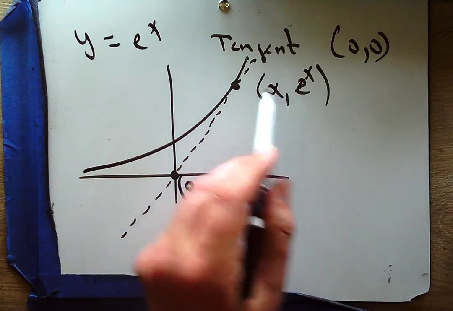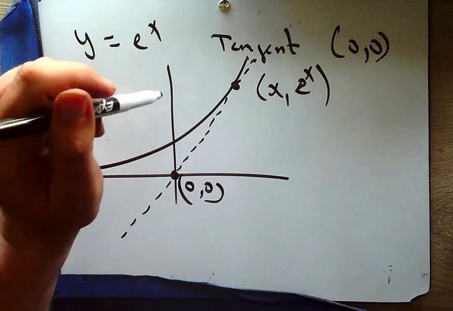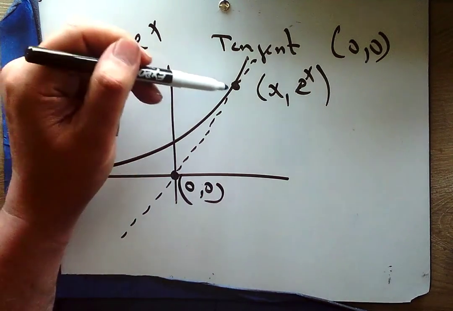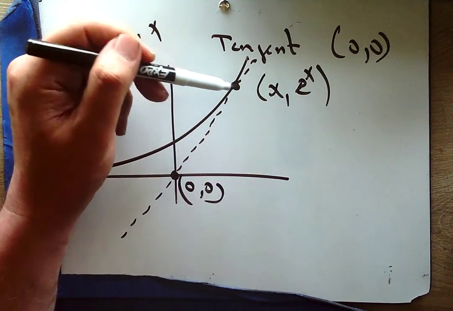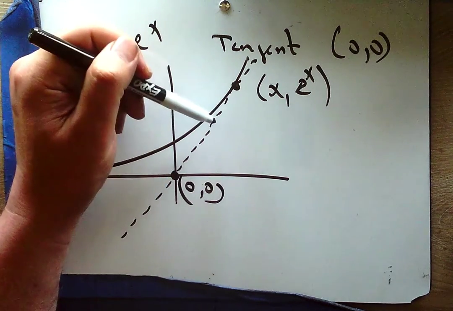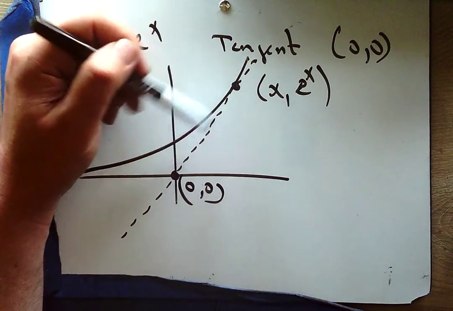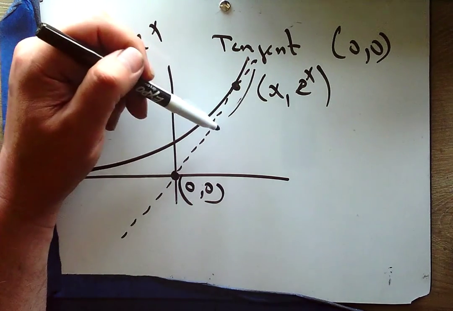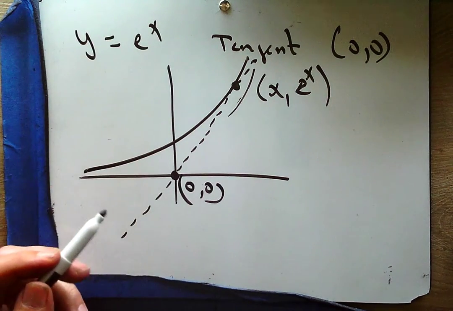I can only speak about it in general terms. But when we did this one in class in this chapter, we said at the point of tangency, two things are true. The ordered pair on the tangent line and the ordered pair on the curve are the same, but also the slope of the tangent line and the slope of the curve are the same.